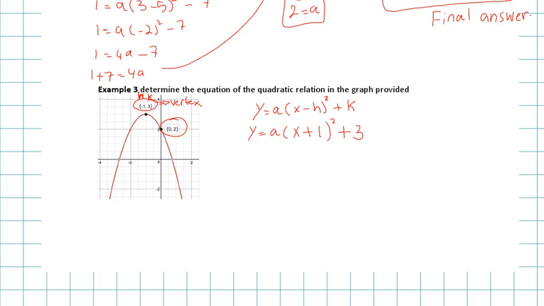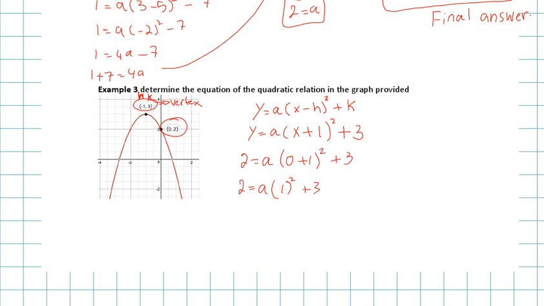Okay? Now, after that, what do I do? x and y, plug it in. So inside of y, what do I plug in? 2 instead of x, 0. Again, brackets first, so that's 1 squared plus 3. 1 squared is 1, right?